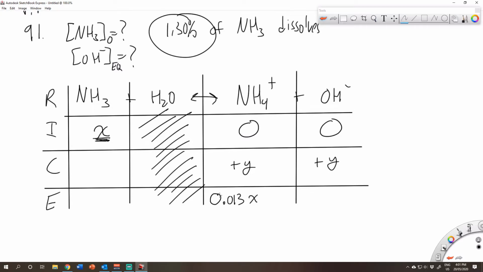Since the OH minus changes by the same amount, I can put that in as well. This will change by minus Y, but we're going to assume the change is really small, so this will remain X. So X minus Y is approximately equal to X.